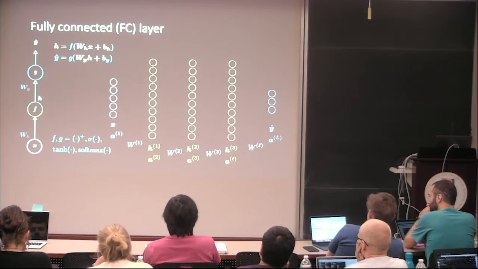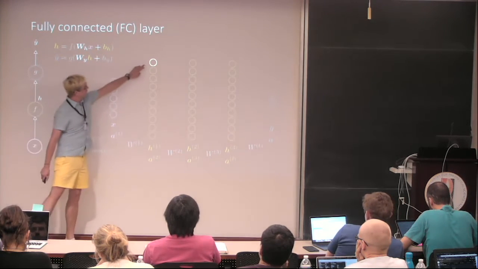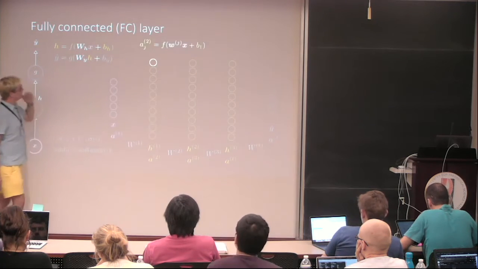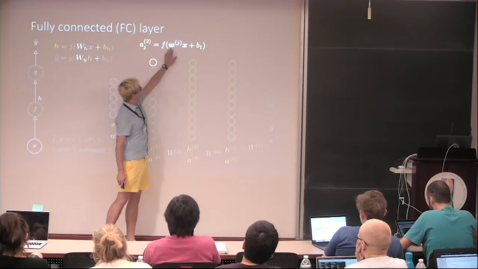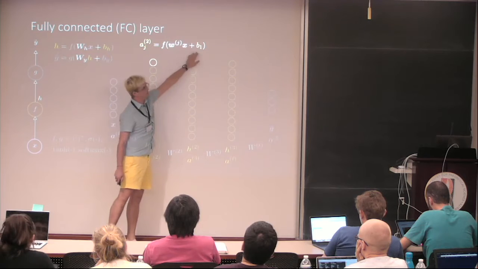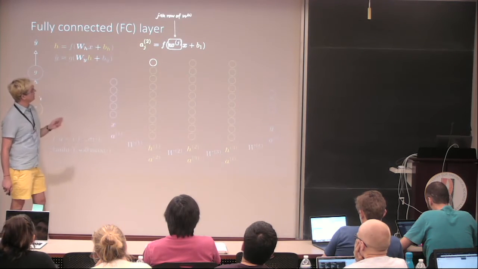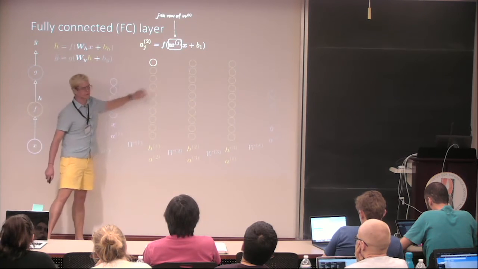So let's pay attention to the first output. This is my first element of this vector, okay? So how do we compute this guy here? It's simply the row of the matrix times my vector, so it's a scalar product, plus the first bias, which is the first scalar. So that guy, again, is the jth row, if I consider the jth element, right?